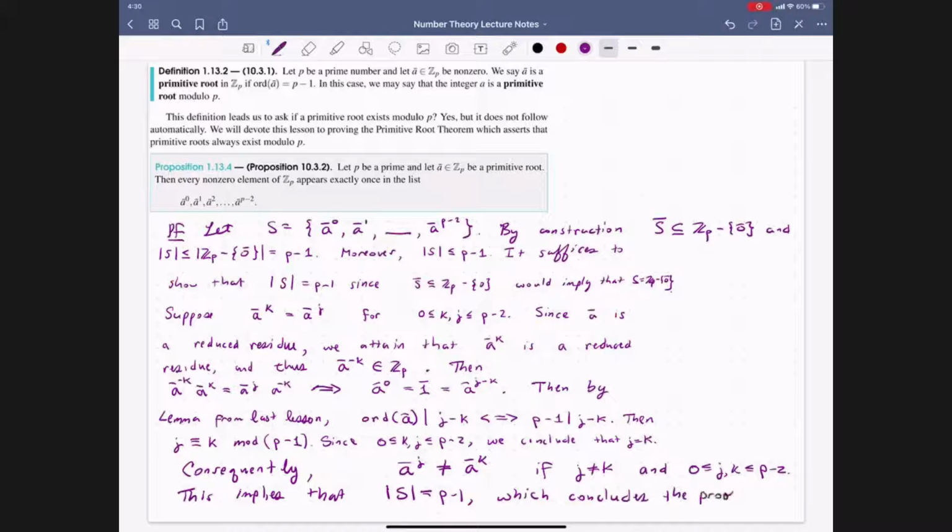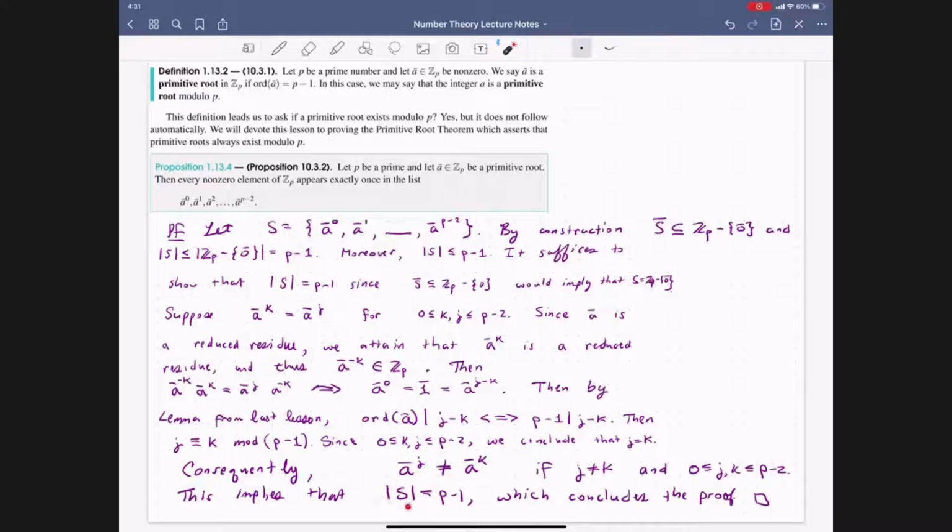We have proven the proposition that is going to get us one step closer to proving the primitive root theorem. And so this was also part of Gauss's Disquisitiones Arithmeticae and his original argument for proving the primitive root theorem. And so the key thing is we have the cardinality of S is p minus 1. We know that we are in the integers modulo p minus the congruence class of 0, so that has p minus 1 elements, and so the cardinalities of both of these sets has to be exactly the same.